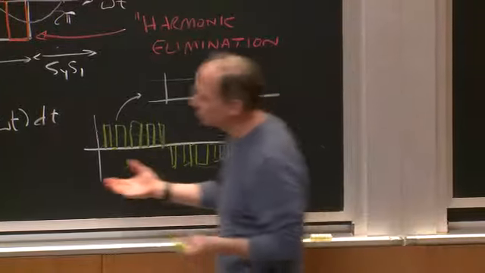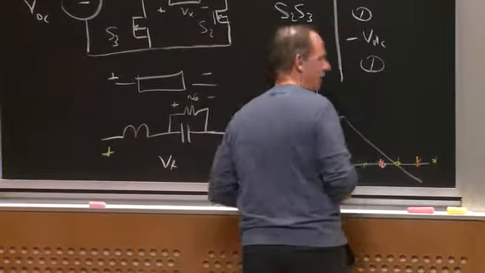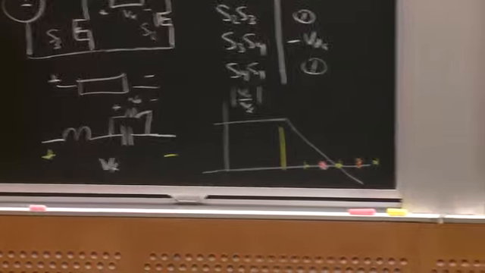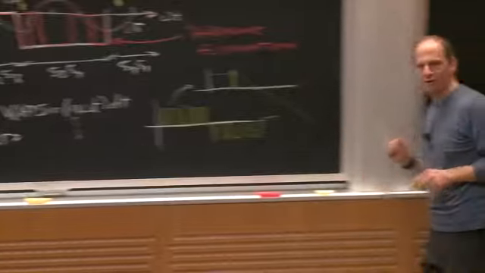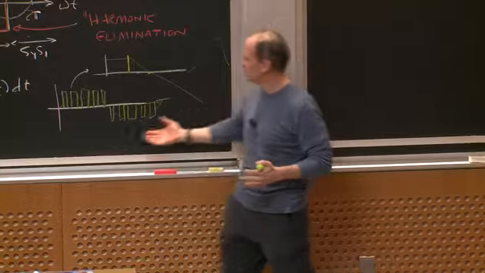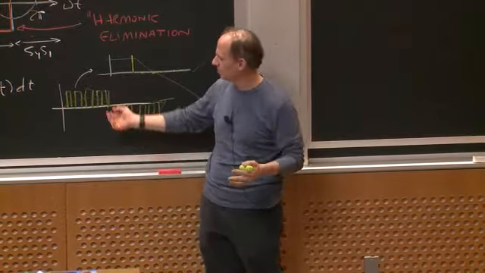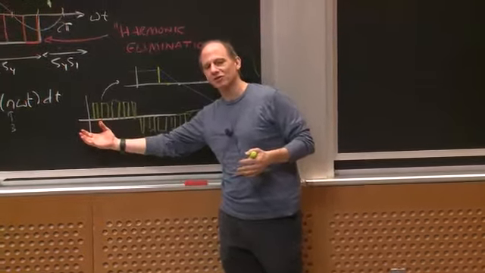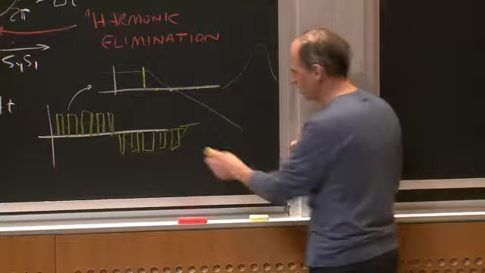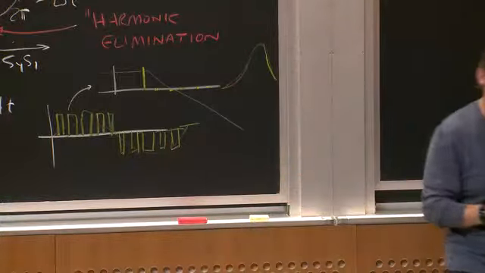So if I look at the original waveform Vx, in fact, if I looked at its total harmonic distortion, it actually is higher. What I'm doing is killing off the low frequency stuff, and then I'm really growing the high frequency stuff, right? So it's not like my waveform actually has less harmonic content. It actually has considerably more. And depending upon what angles you choose to kill off your low order harmonics, you will end up with more or less stuff at high frequencies. But undoubtedly, you're going to get more high frequency stuff because you've got a lot of switching going on, right?